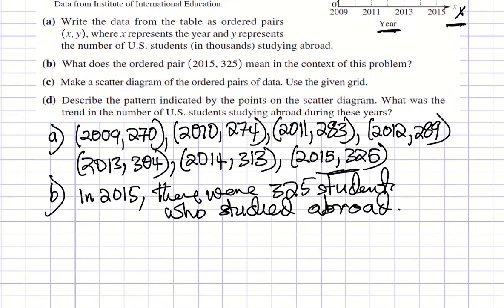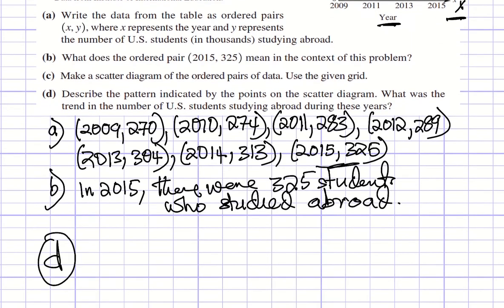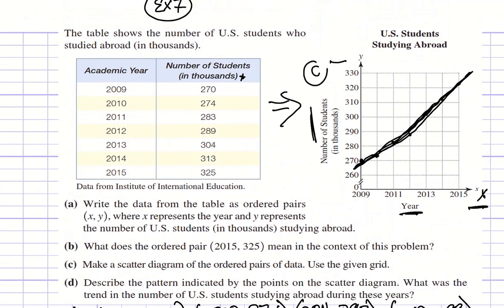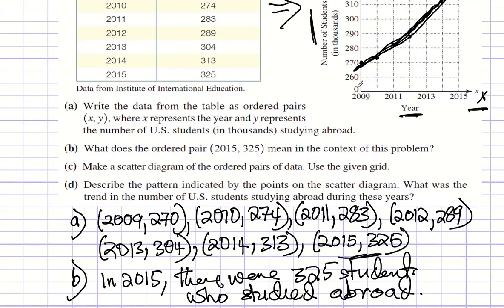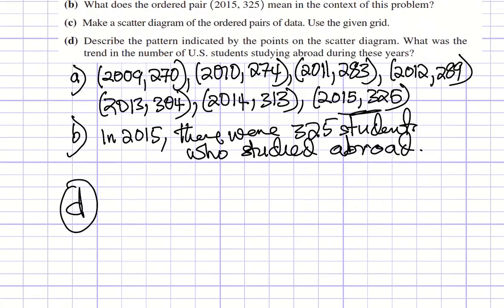Okay, part D. They say interpret it. Describe the pattern. Like I said, the trend is that as the number of years increases, the number of students that study abroad increases. It doesn't matter how you write it.